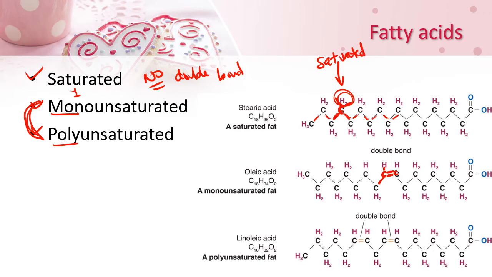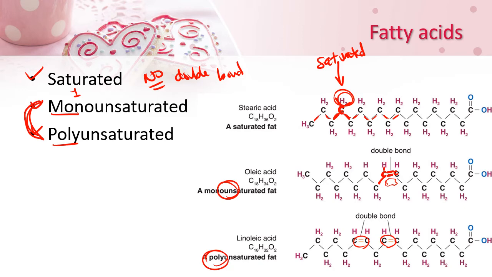We have the max number of hydrogens possible. This is an unsaturated fatty acid because there are fewer than the max possible number of hydrogens. We actually end up with these little holes where those hydrogens have been removed because that double bond took their place. If I have more than one of these double bonds, I have a polyunsaturated fatty acid.